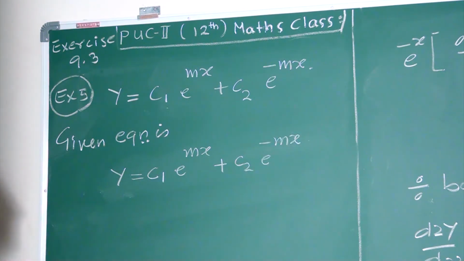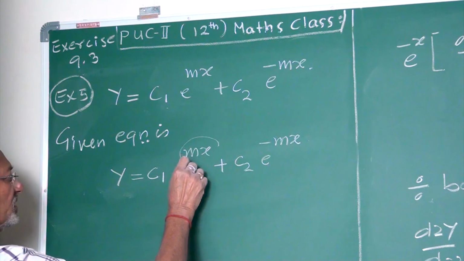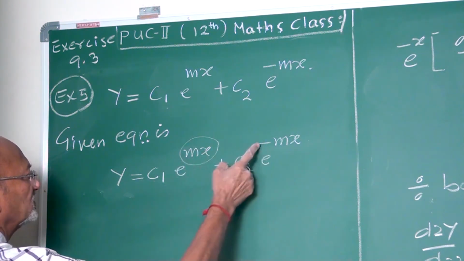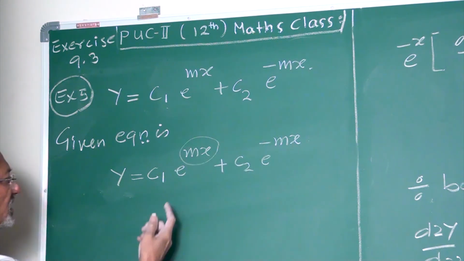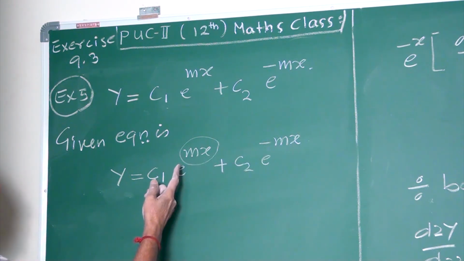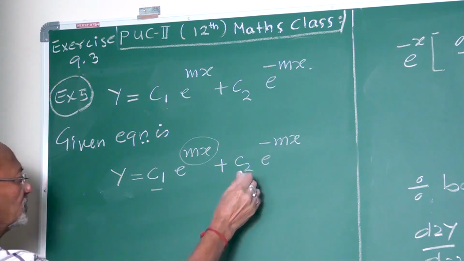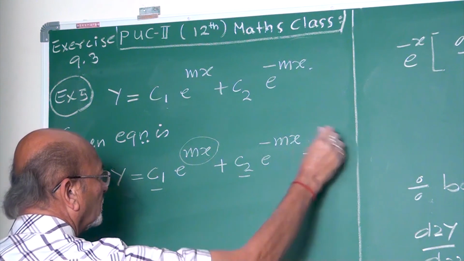What is your observation, my friends? Power of e, they are the same but opposite in sign. This is plus, this is minus. Again, how many arbitrary constants does it contain? This is 1, this is 2. Name this as 1.